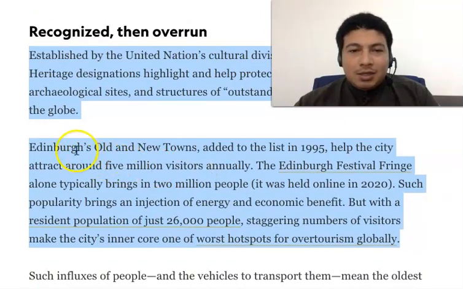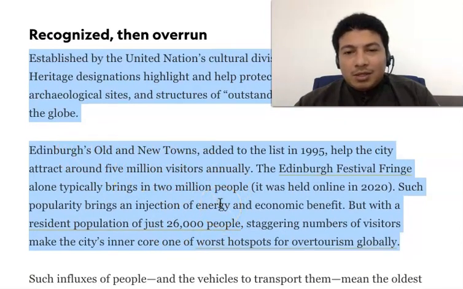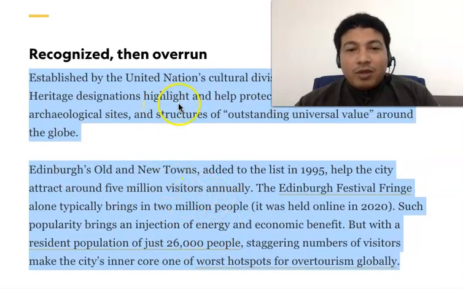And this is the example given. So this is the supporting detail to further describe the main point. It says here as an example, but there are no keywords, no signal words, but it is a type of supporting detail. Edinburgh's old and new towns, added to the list in 1995, helped the city attract around 5 million visitors annually.